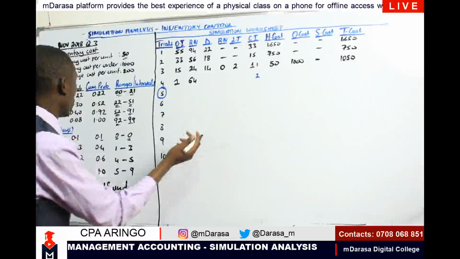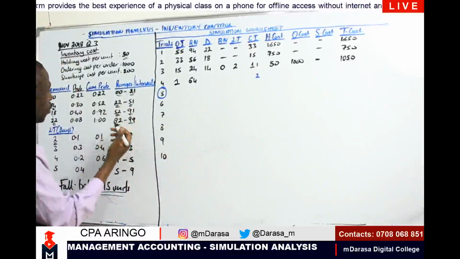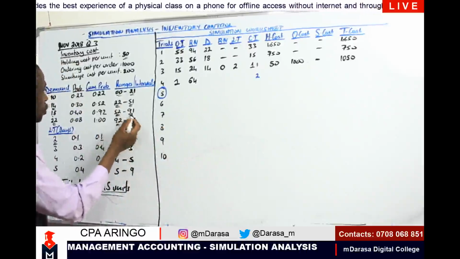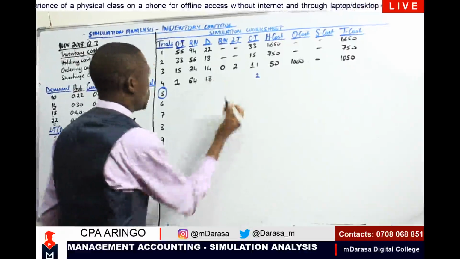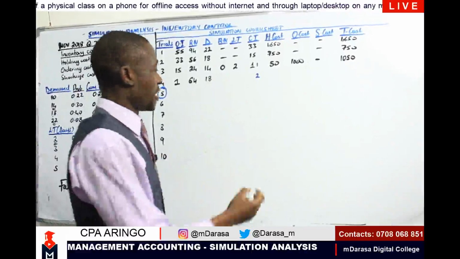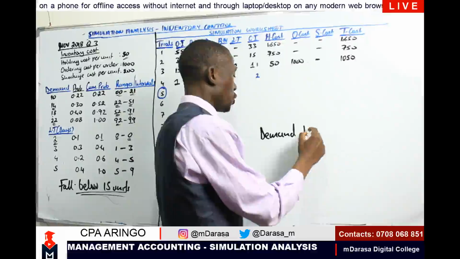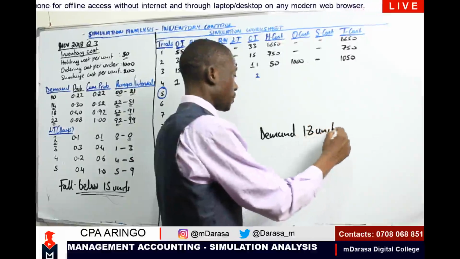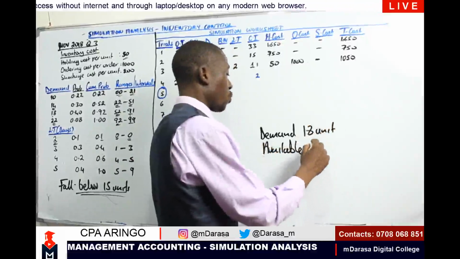Where will 64 fall? Come to our range here. It will fall in between 52 and 91, to give us 18 units. So look at this case. My demand is 18 units. Available is 1 unit.